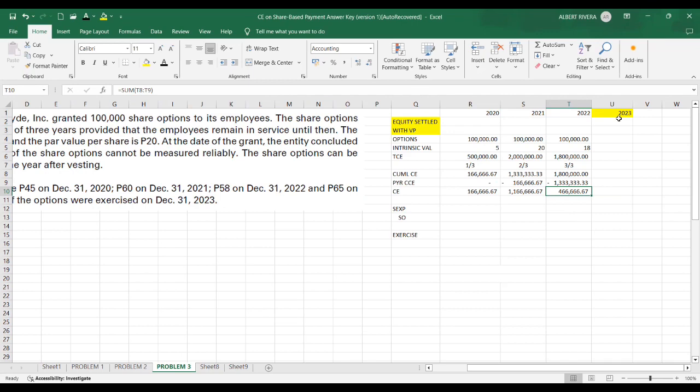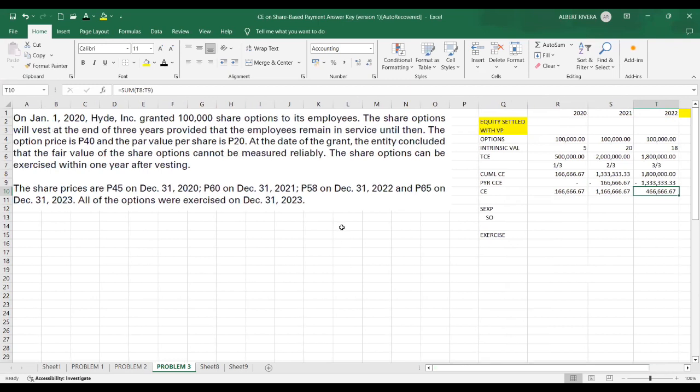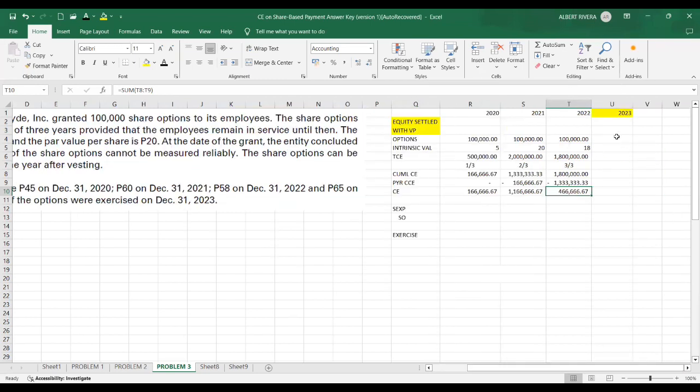So here in 2023, sabi niya all options were exercised. Okay? This was exercised when? The end of 2023. Okay? So we have here 100,000. What is this? This is the intrinsic value.